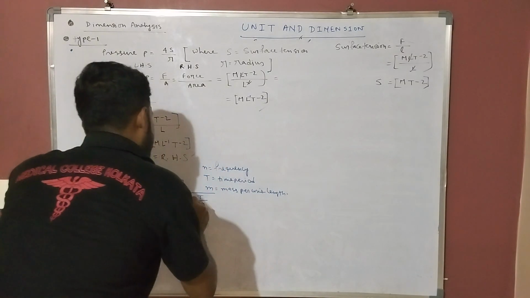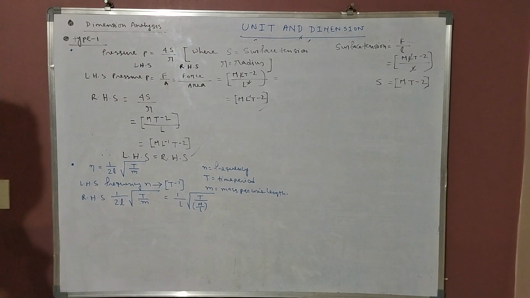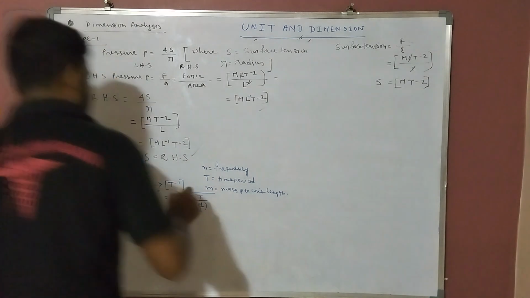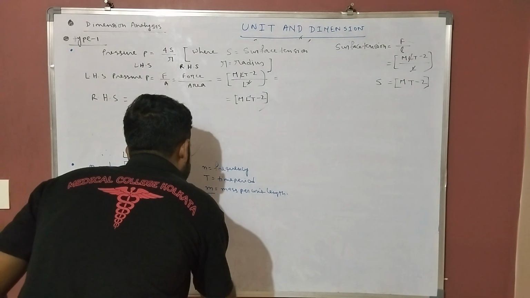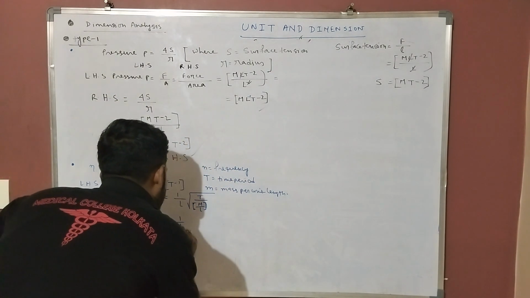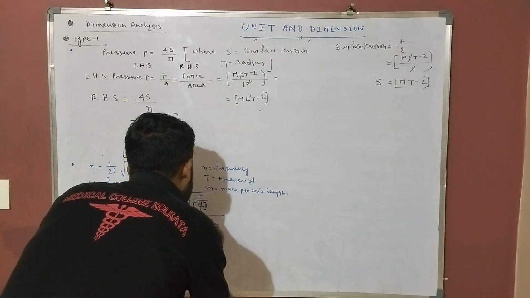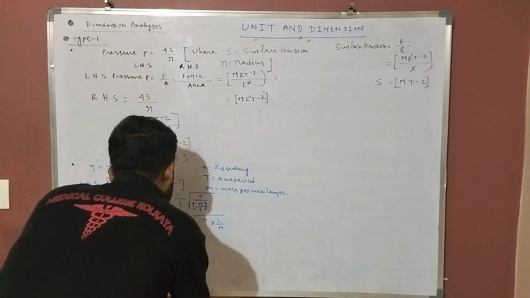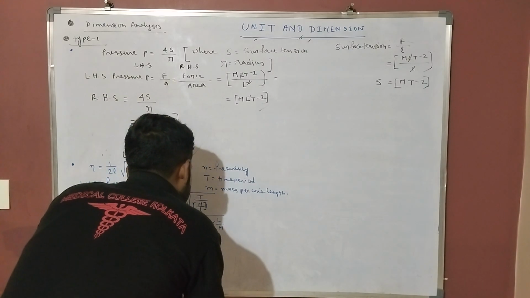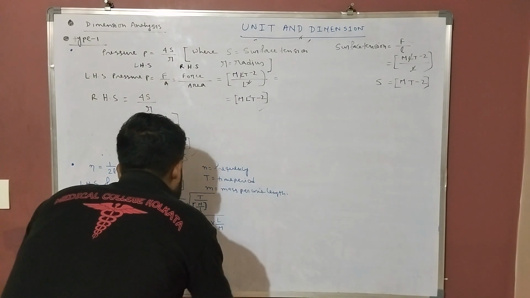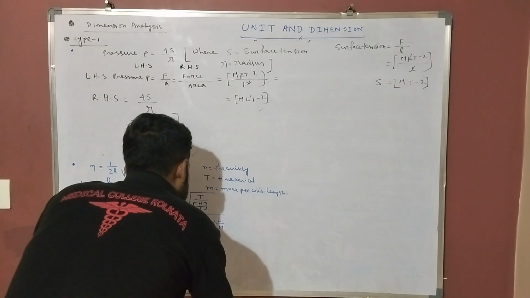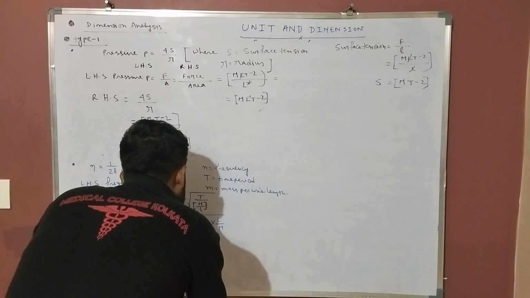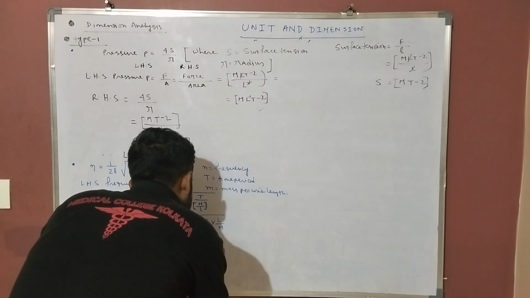That's why M by L. This is not mass, it is mass per unit length. That's why M by L. So 1 by L root over of T into L by M is equal to 1 by L, T to the power half.